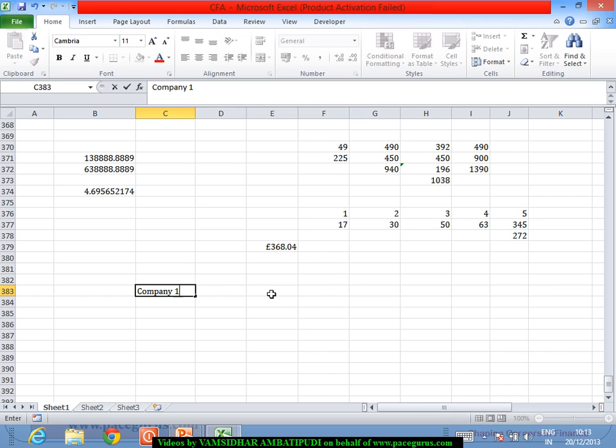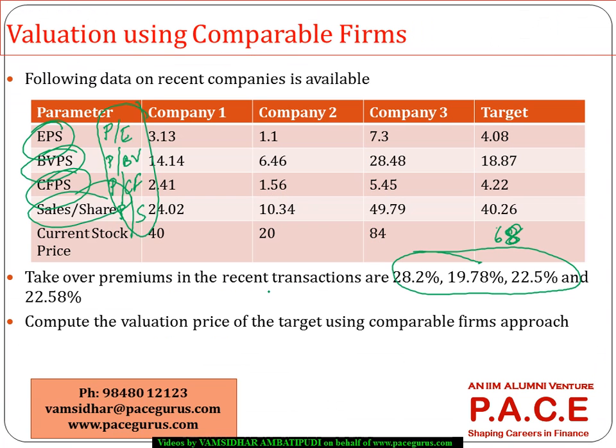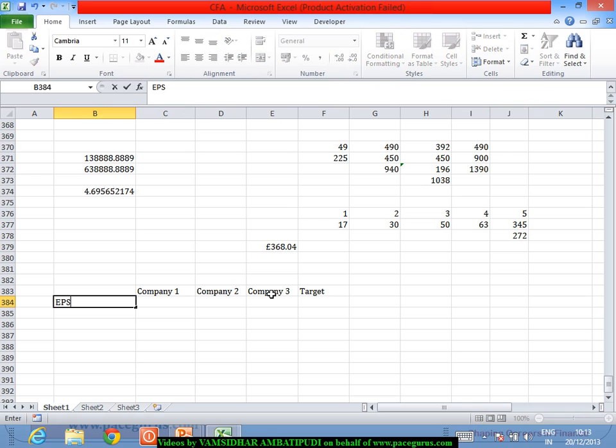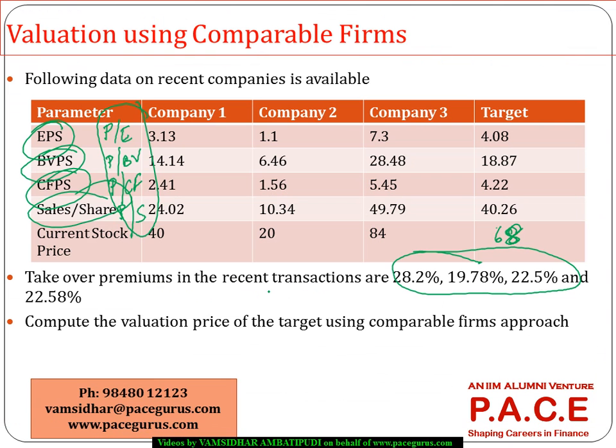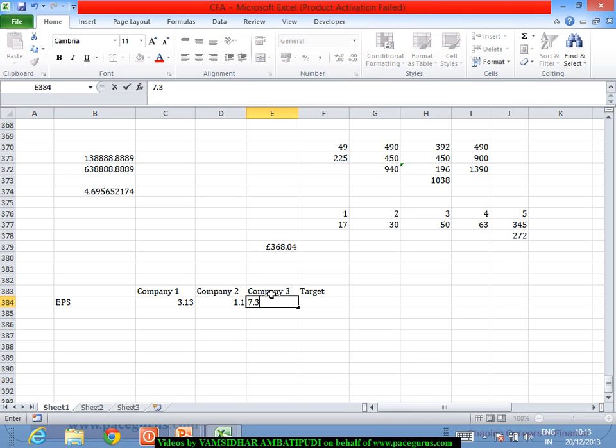So company 1, company 2, company 3, and the target. I am looking at the EPS being 3.13, 1.1, 7.3 and 4.08.